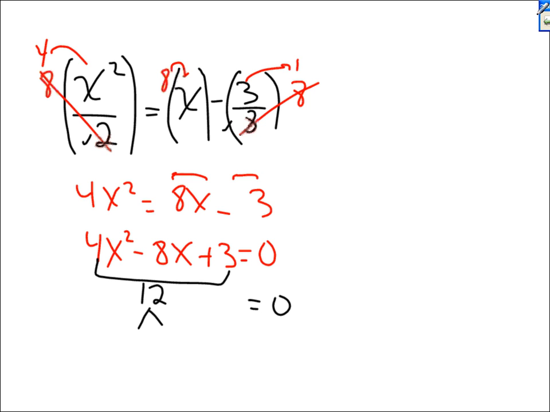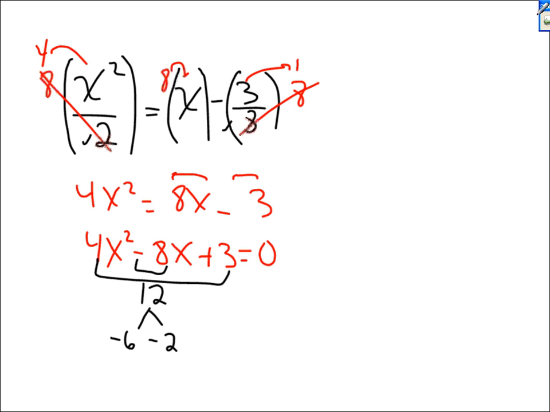Now I want two numbers that multiply out to 12, a positive number. That means the signs are either both the same or both different. No other way of getting a positive 12. Two numbers that multiply out to 12 that add up to negative 8. Those numbers are negative 6 and negative 2.